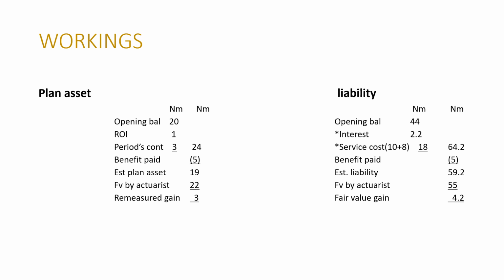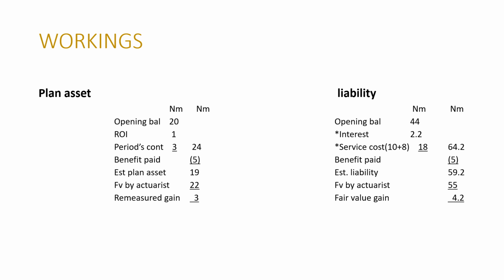Now, you see in this slide, we have separated both items into plan assets and liabilities. Then for the asset, you start with the opening balance, which is 20 million. Identify all the inflows that will increase this amount. Obviously, the return on investment will be an increment to it.